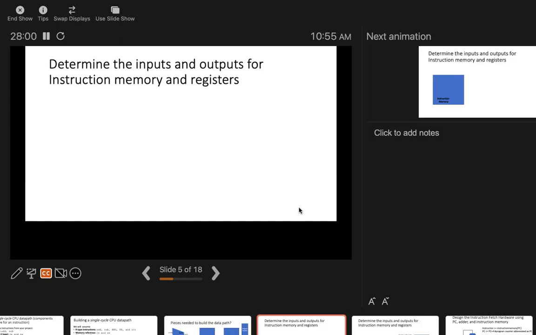The goal of instruction memory is to spit out instructions. So that's like looking at a memory address and getting the instruction.